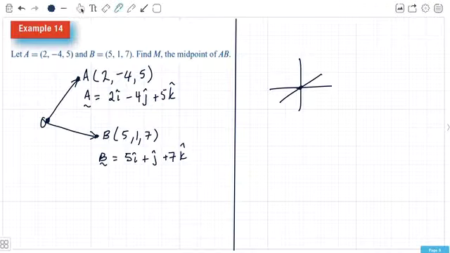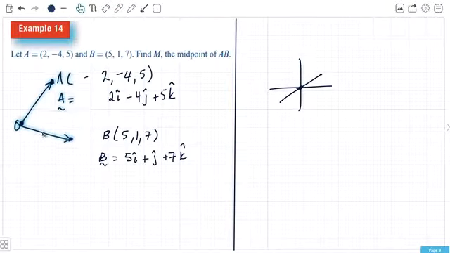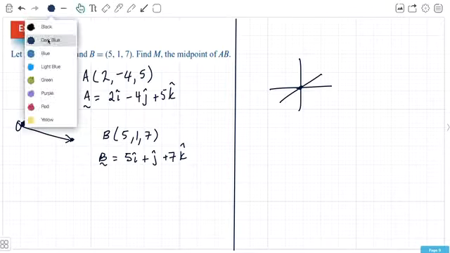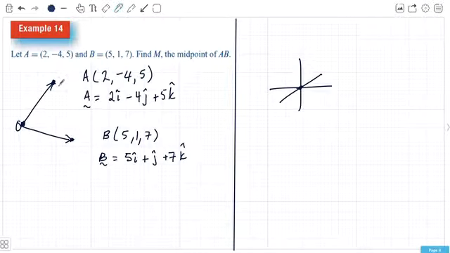Now the other thing I want to do is consider what happens when we move between those 2 points. So there's A and there's B, and we've called this vector A and this vector B. We want to find the midpoint of AB.